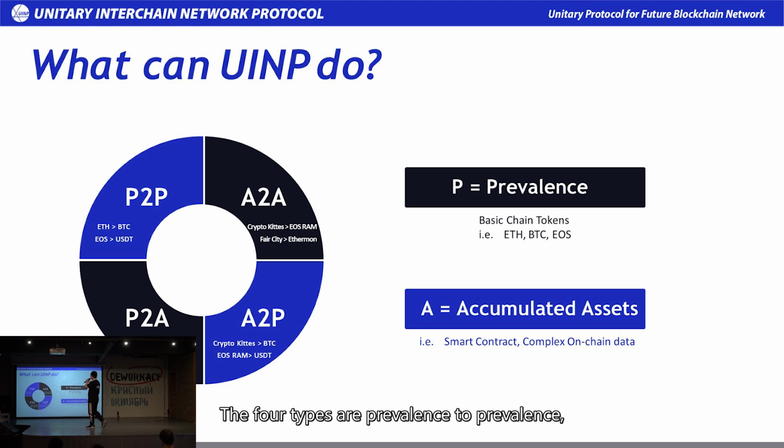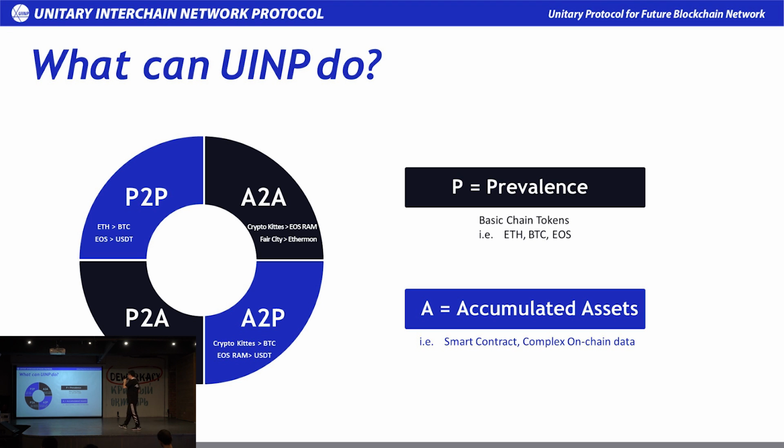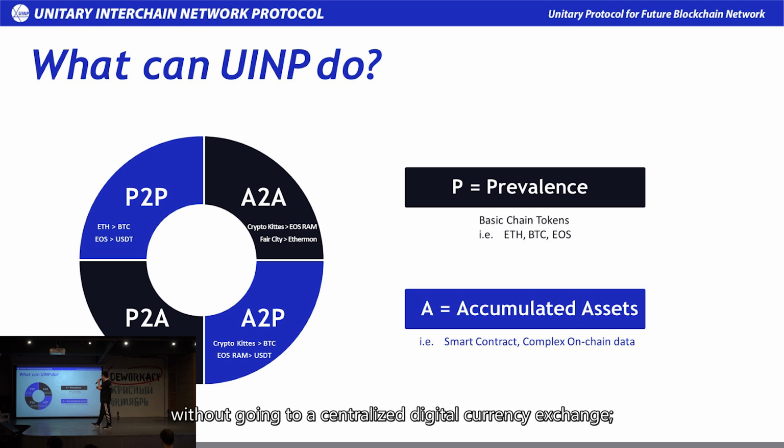The first type is prevalence to prevalence. For example, you can exchange Ether to Bitcoin without going to a centralized digital currency exchange.